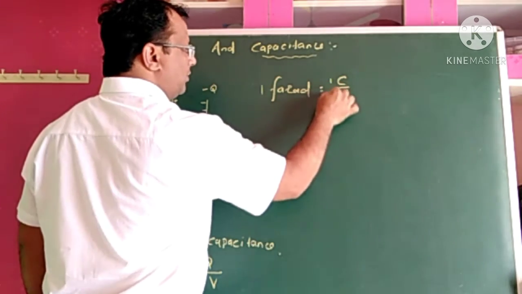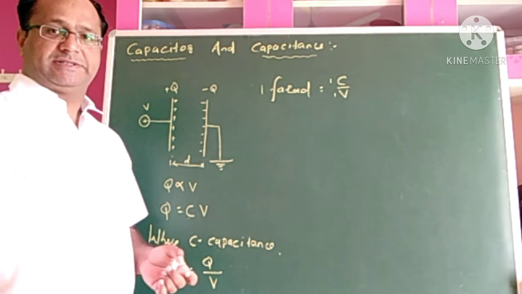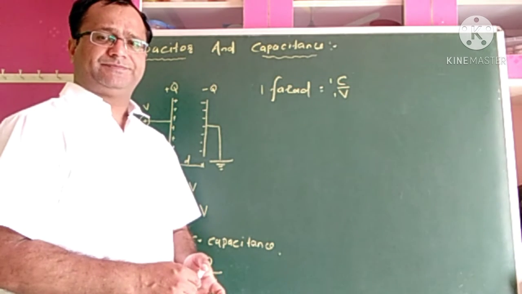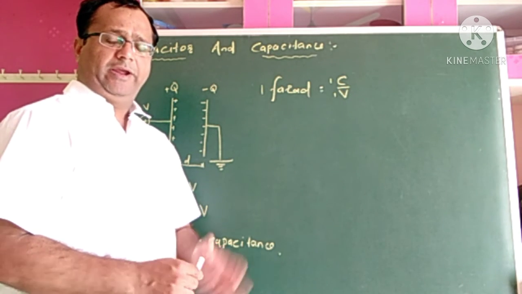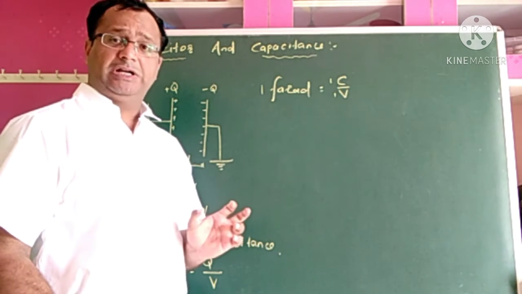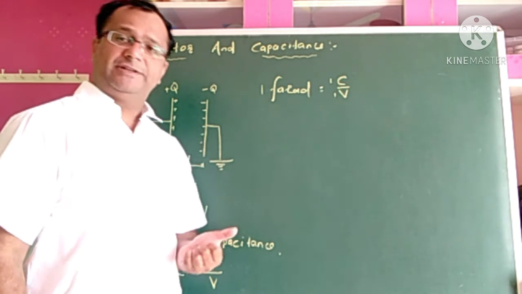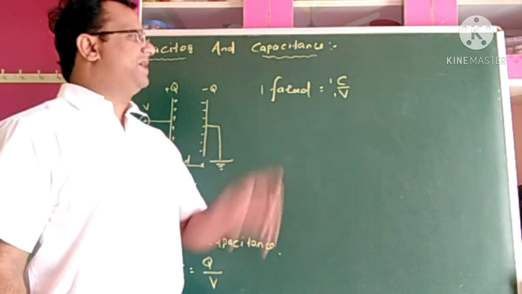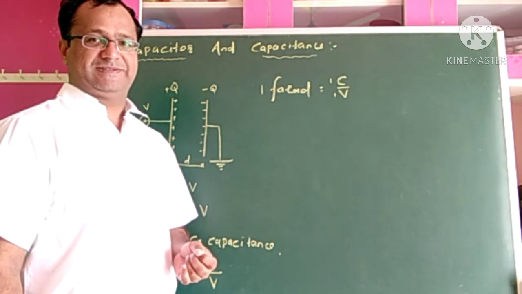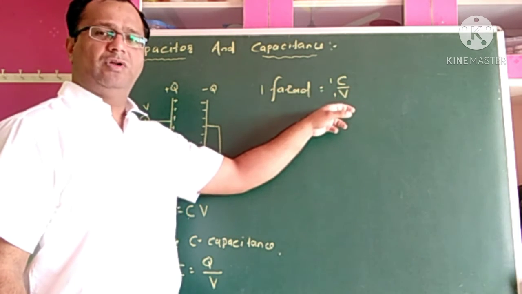Suppose we want to define 1 farad of capacitance. 1 farad of capacitance is defined as: if we give 1 coulomb of electrical charge to the conductor and due to that 1 volt of electric potential difference is produced, then such capacitance is called 1 farad. See here, 1 farad is equal to 1 coulomb upon 1 volt.